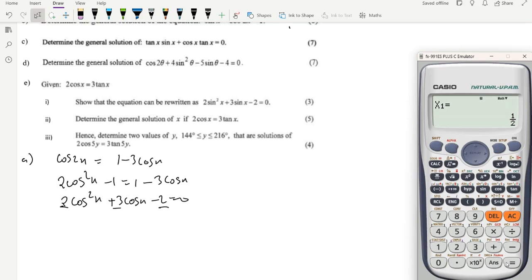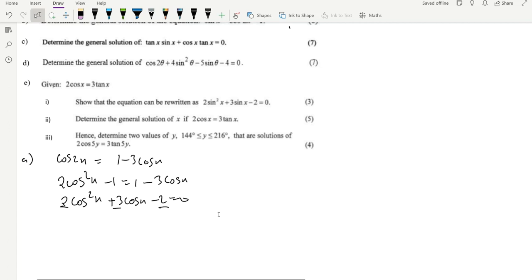Remember that we are dealing with cos. The plus 2 we have to multiply with x, which means you have 2x minus 1. Okay, let us go back to our equation. It means I have 2 cos x minus 1.